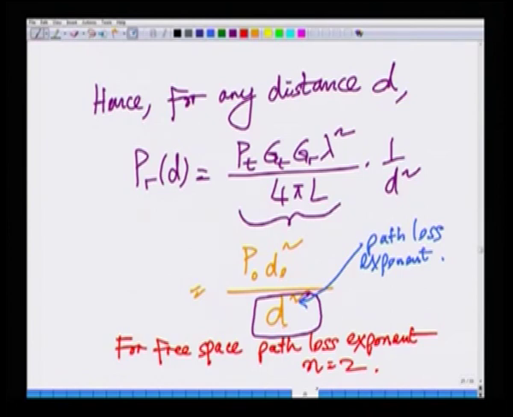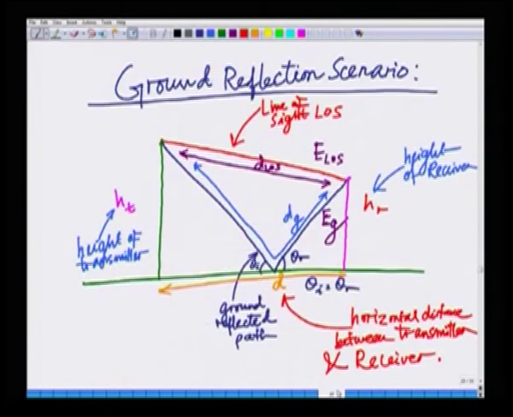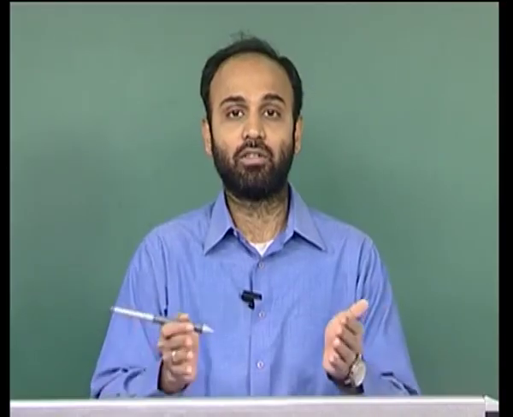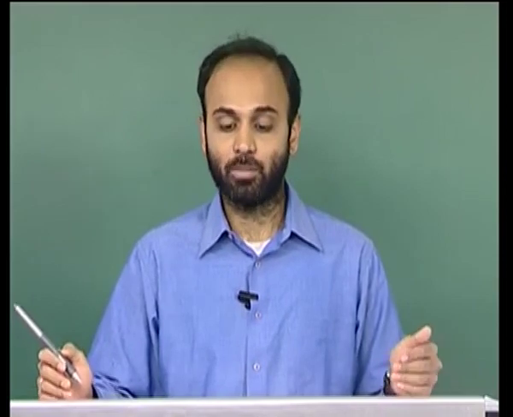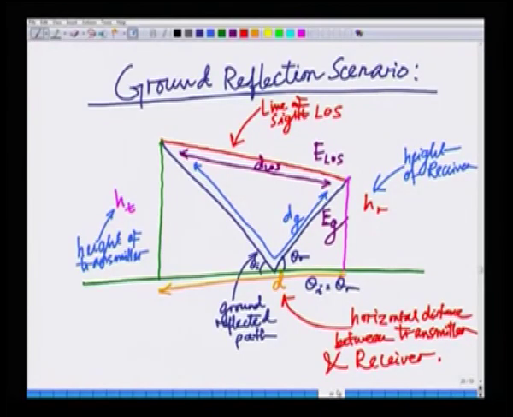However, we wanted to look at other urban scenarios, typically cellular scenarios in which there are obstructions, and we said the path loss exponent in such scenarios can be higher. We started looking at a ground reflection scenario, in which between the base station and the mobile there is a line of sight path, and there is also a ground reflected path.